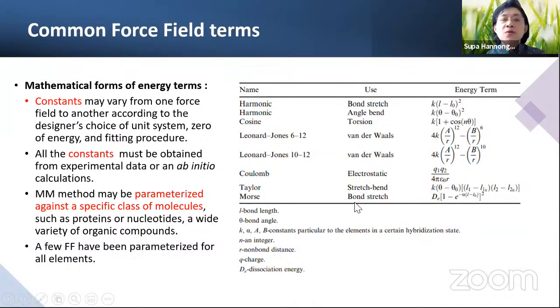And also a function like the Morse can be used for the bond stretching, which is represented by this term, 1 minus e exponential of minus alpha something. So there are so many terms that we can include in the force field equation.